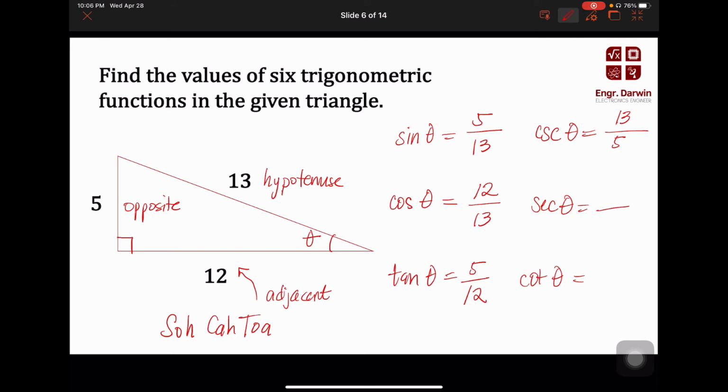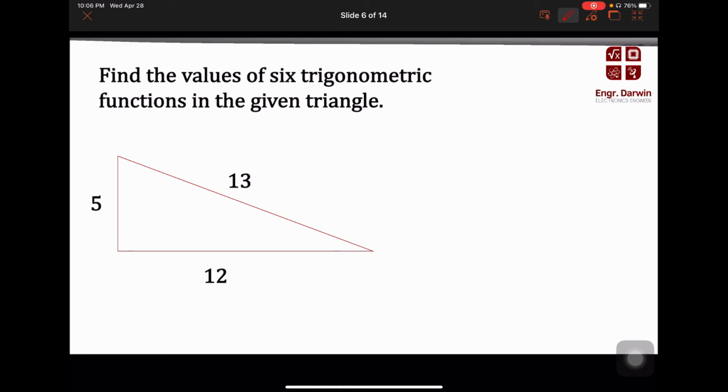Ngayon din sa cosine, this is just simply 13 over 12. And last but not the least, ayan, 12 over 5. So, that's it. Ito yung nakuha na natin yung mga 6 trigonometric functions in a given triangle that we had in this problem.